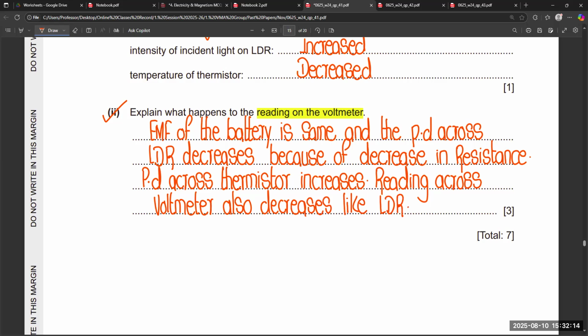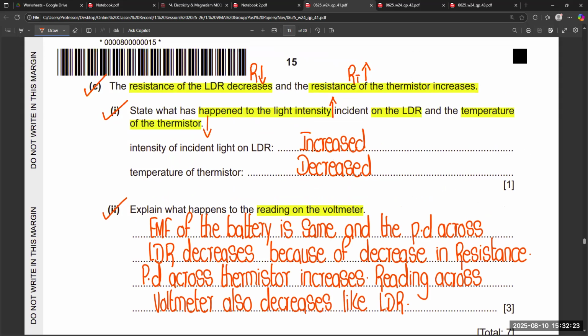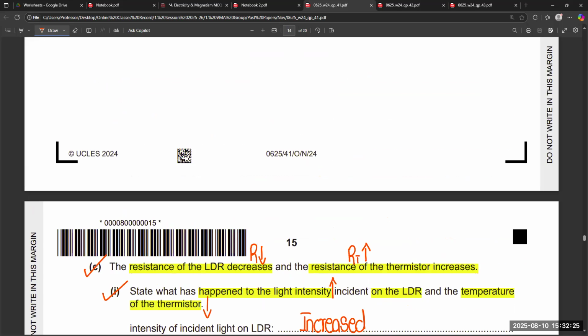So it is also simple and it is related to the series combination. Now the third question.